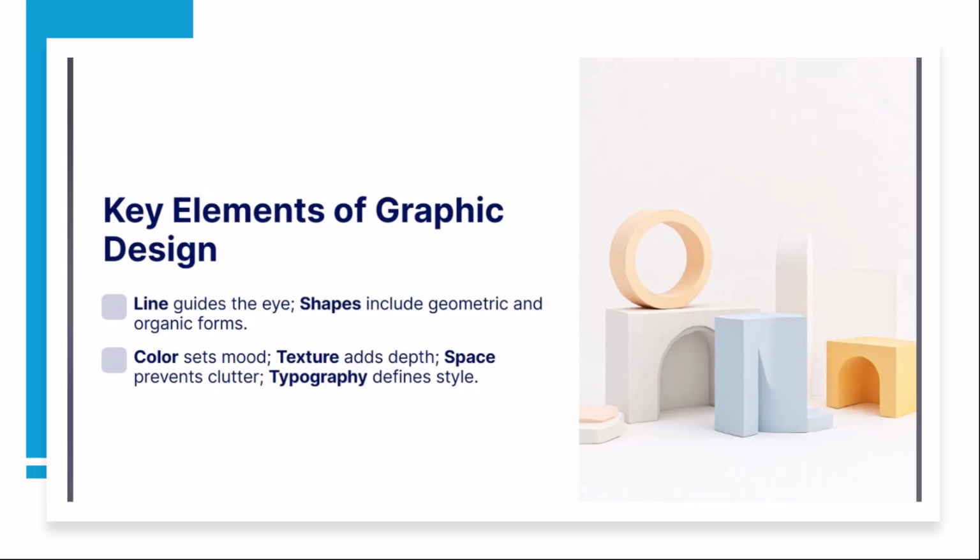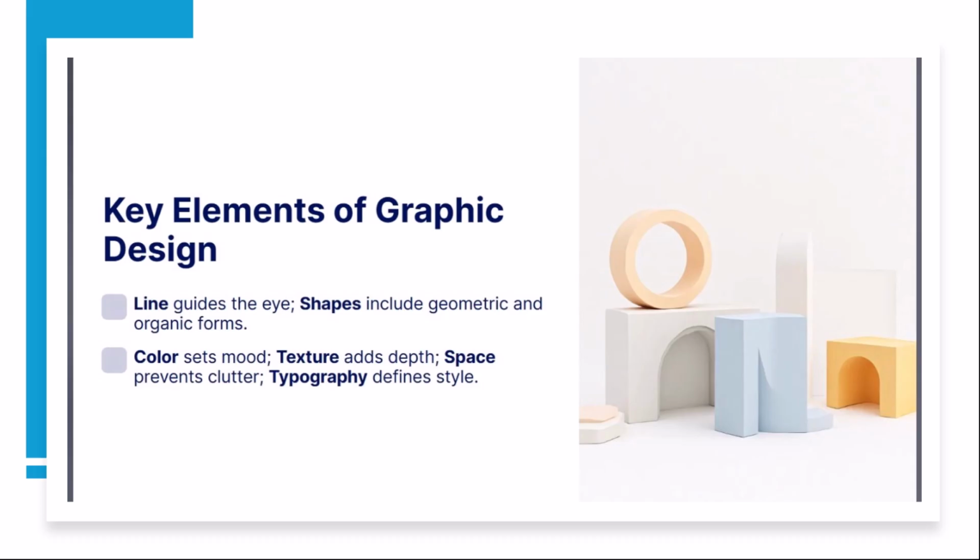Another key element of graphic design is color. What does color do basically? Color sets the mood of your design, because with color, the mood of your design comes out. It displays how your design feels emotionally to your audience.